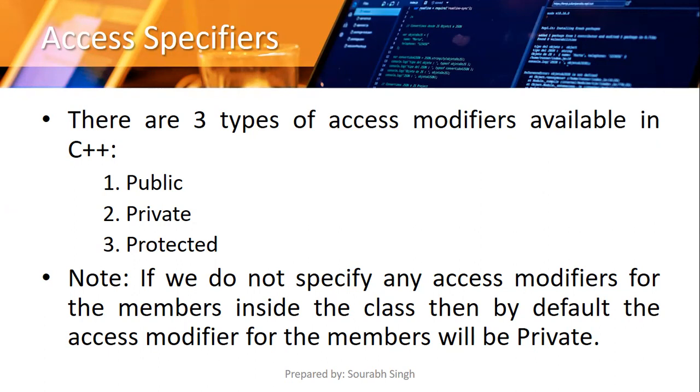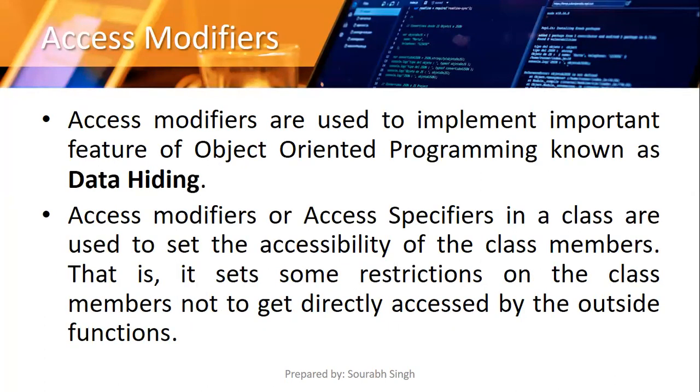Okay, so we can define the member functions and the data members of any class as public, private and protected. But if we do not specify that, in that case the members automatically become private. So access modifiers are used to implement an important feature of object oriented programming, which is known as data hiding.